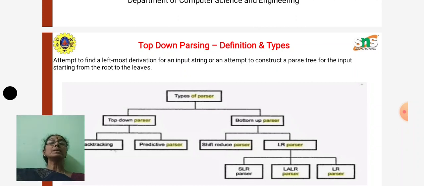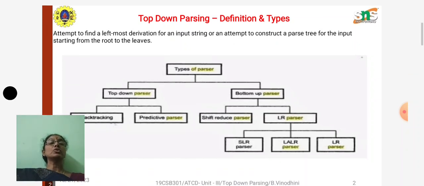So in this picture we see the classification of parsers. Parser is majorly classified into two types: one is the top-down parser and the other is the bottom-up parser. So what is a top-down parser? In a top-down parser, the start symbol is derived into the given input string using a given grammar.